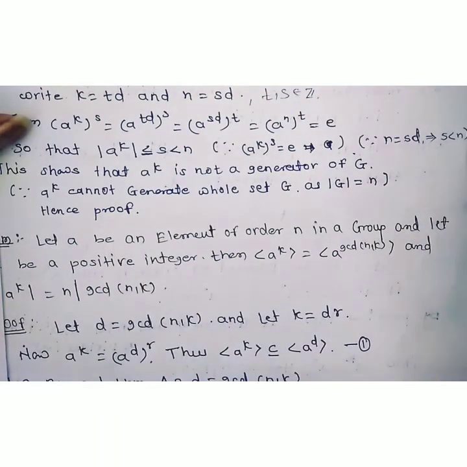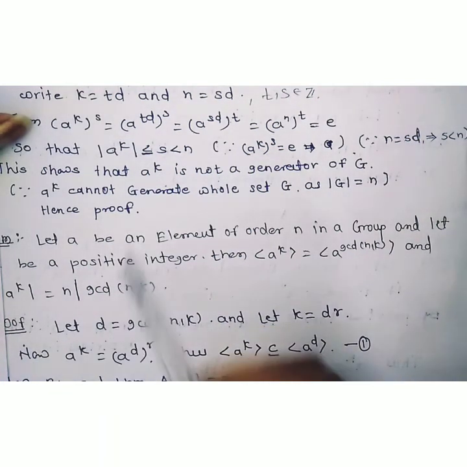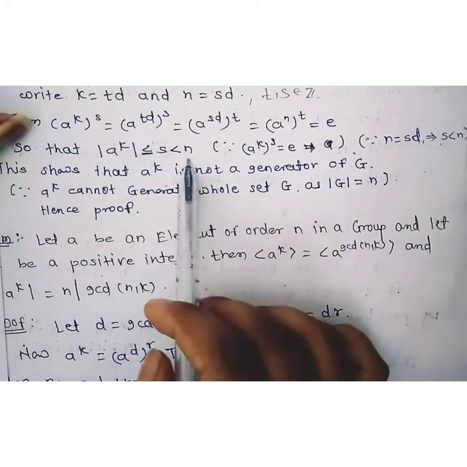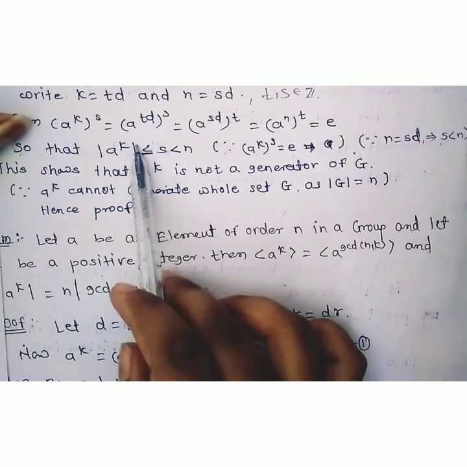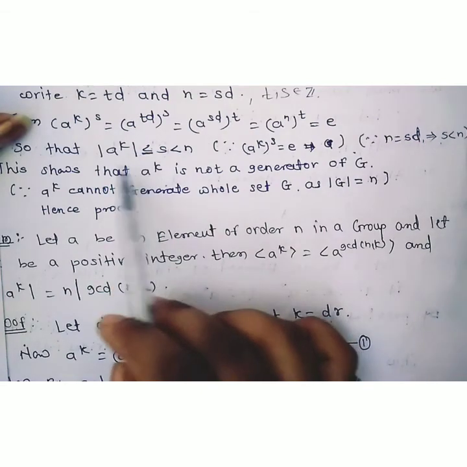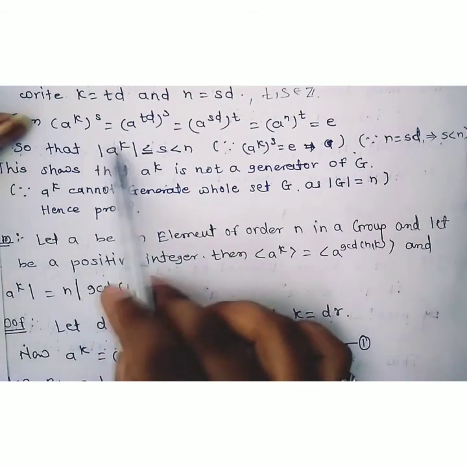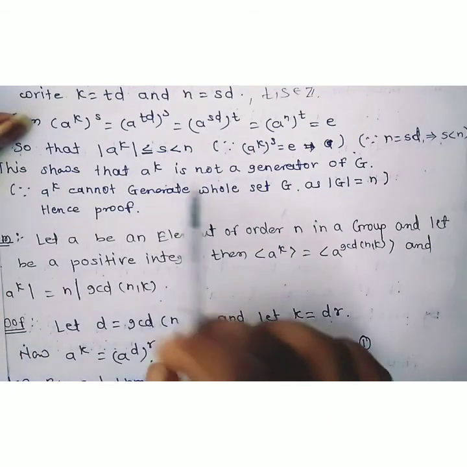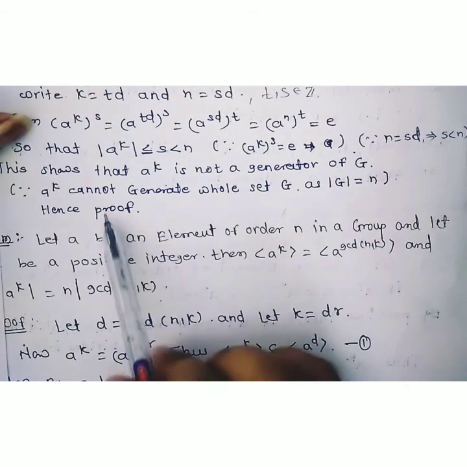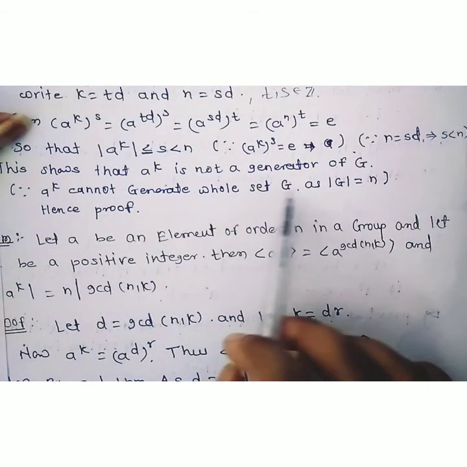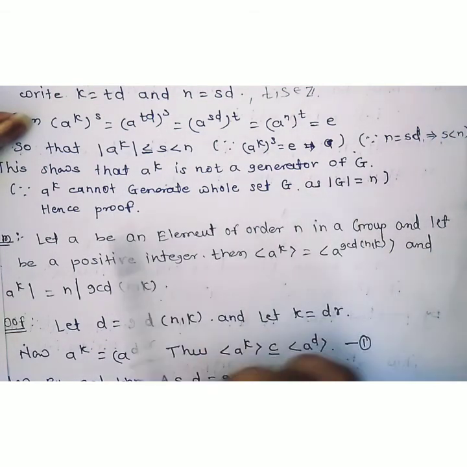Therefore every element of group G is not generated by a to the power k. This shows that a raised to k cannot generate the whole set G, as the order of G is equal to n, and hence the proof.